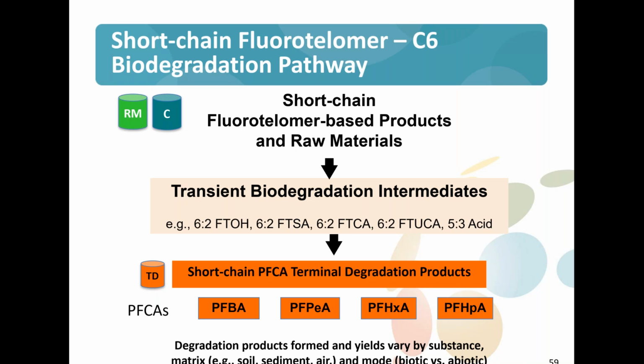I talked about thermal from an abiotic perspective. We know that hydrolysis is really important. That's one of the important steps for any of these product level species to form some of these transient intermediates, most notably the 6,2-fluorotelomer alcohol by ester hydrolysis.